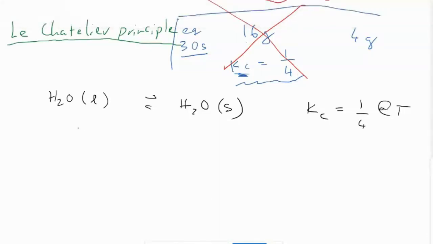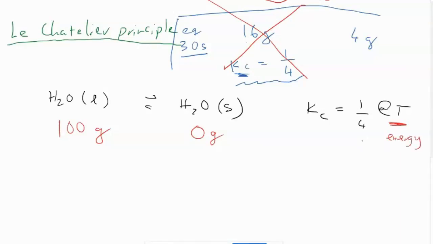Let's say you added tons of liquid water. You added 100 grams of liquid water and 0 grams of solid water. But you are keeping the temperature the same, meaning you're having the same amount of energy in this isolated box that you have.